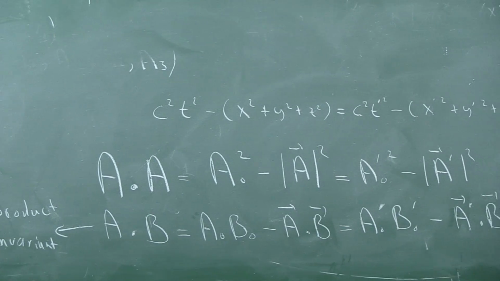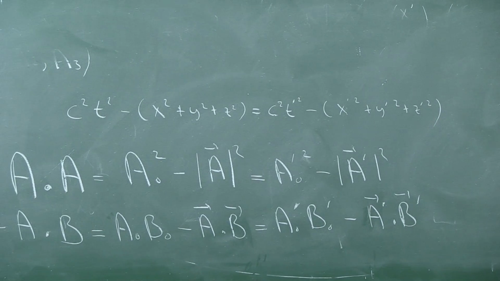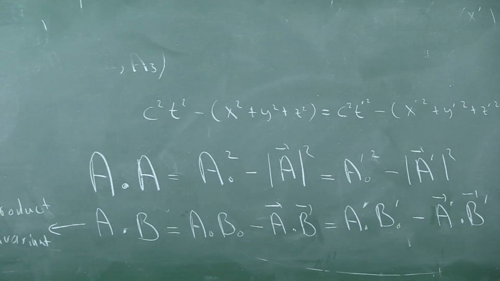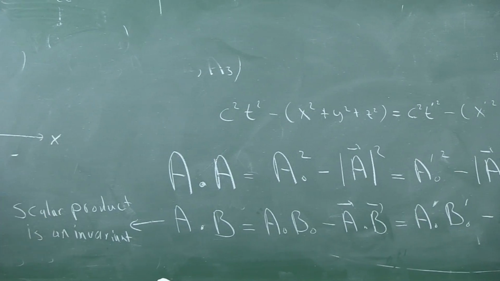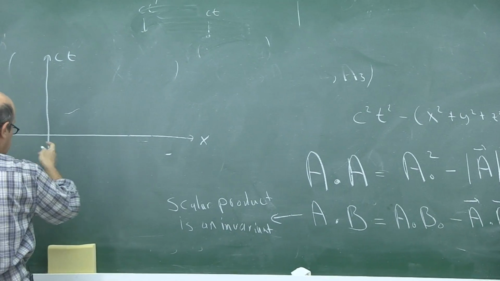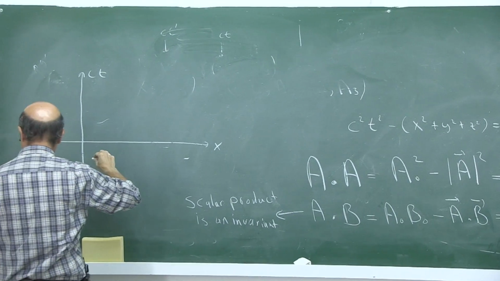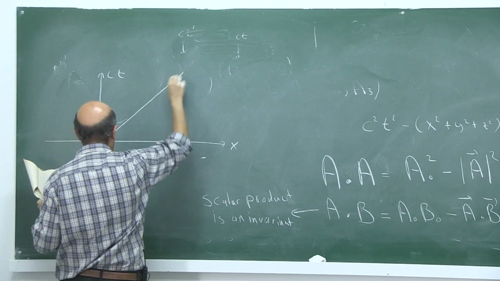So what is done? Now we can plot the light cone, CT in one axis, and we can plot X. We cannot plot in four dimensions. Let's say you plot X, Y, and Z, whatever. So basically, the separation is the following.